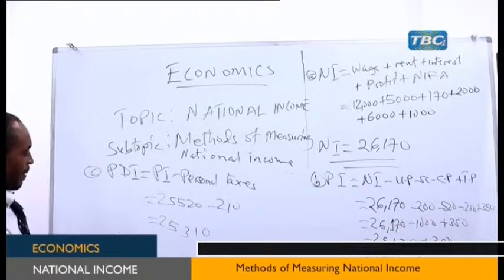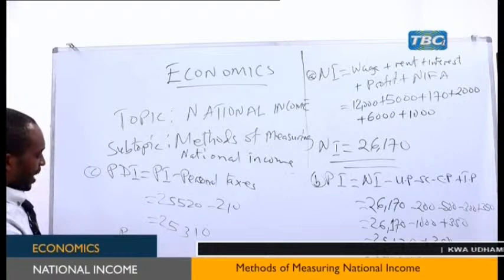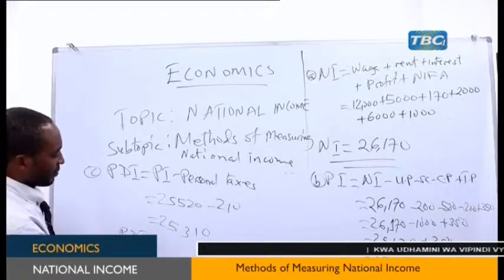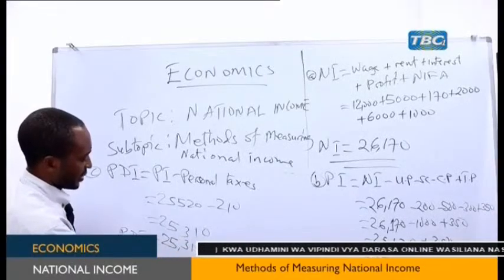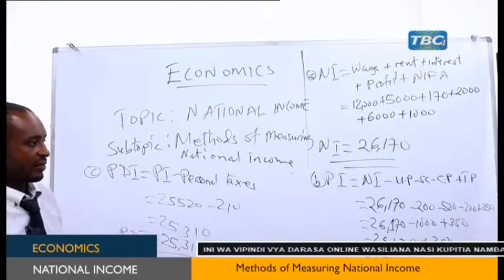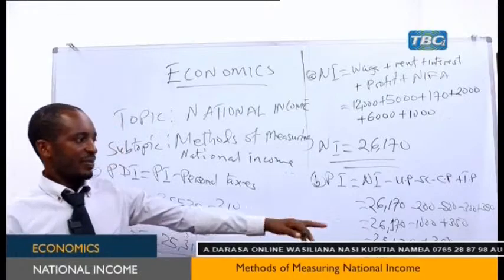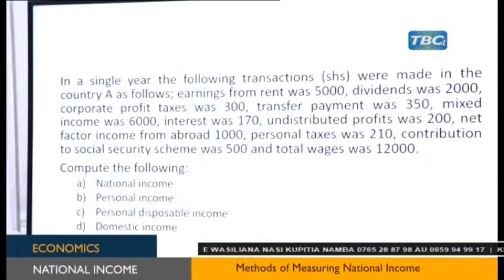So the personal disposable income is equal to 25,310. Then the last part here, we are asked to calculate the domestic income.